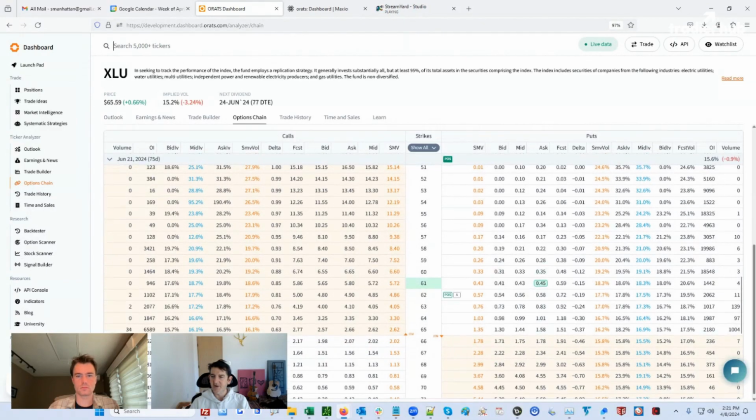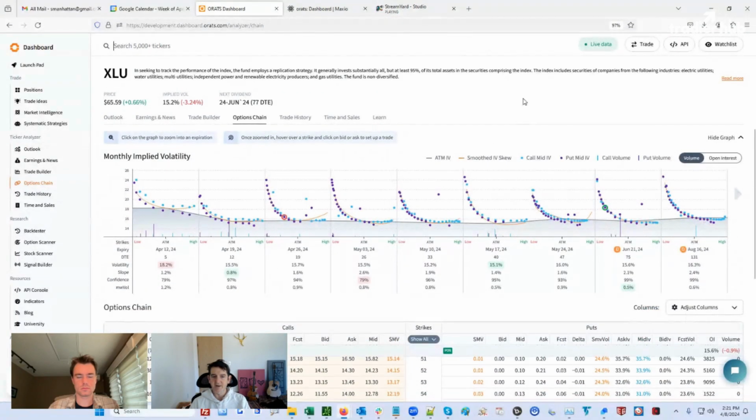That looks fine. But what I like to do is see it in the month. We're buying skew here. We're buying something that's a little bit higher up the chain, and we're selling something a little bit lower down the chain. That's the skew that we're buying.